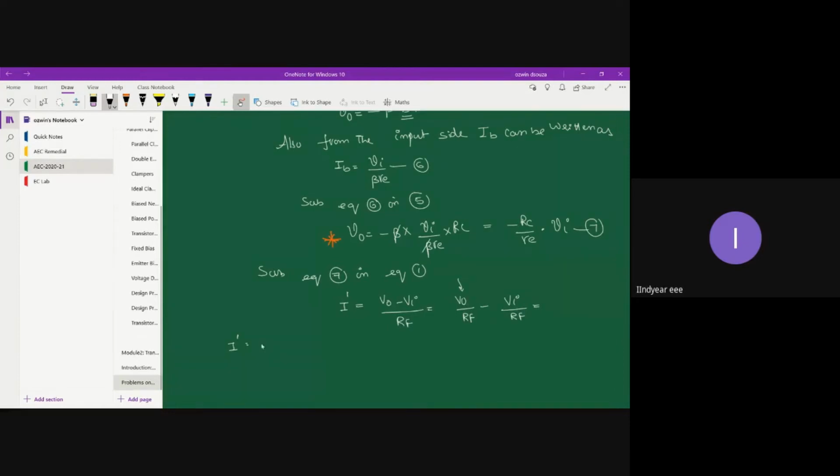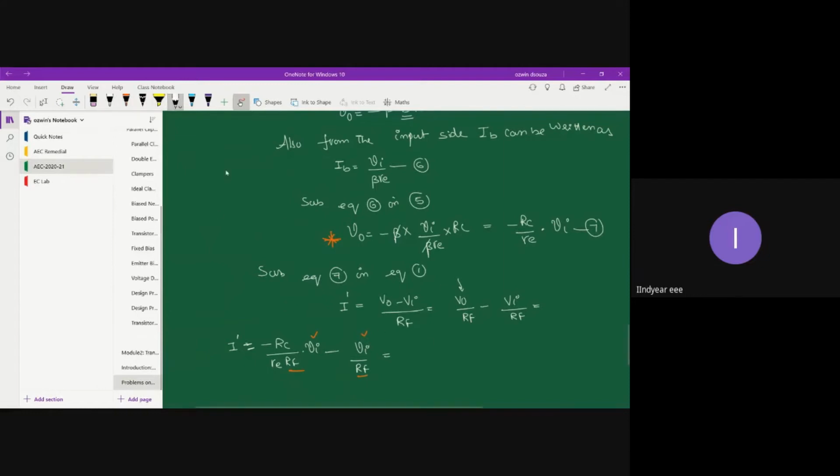V naught is minus RC by RE into VI, divided by RF because RF is in the denominator, minus VI by RF. Which is equal to, you see here, let me mark the similar terms, RF. So what you can do is you can keep 1 by RF outside the bracket, as well as the VI term.